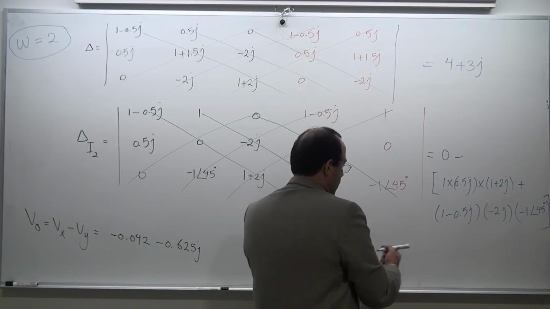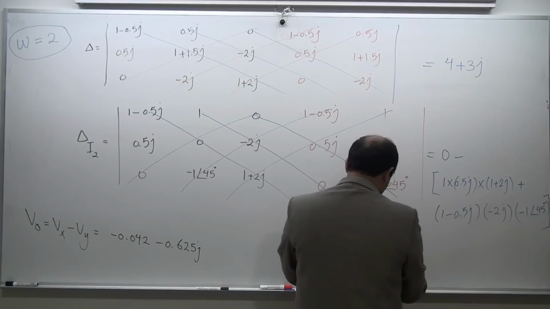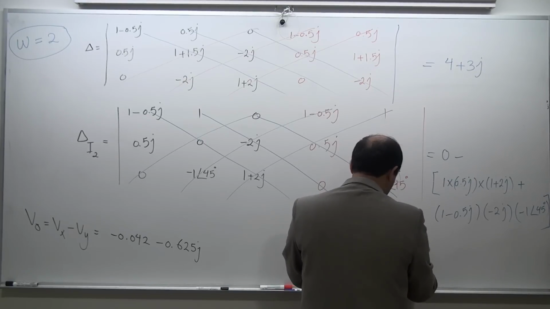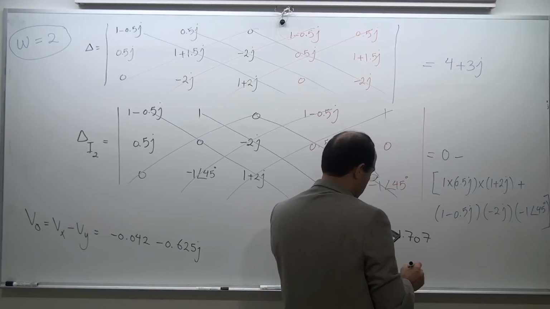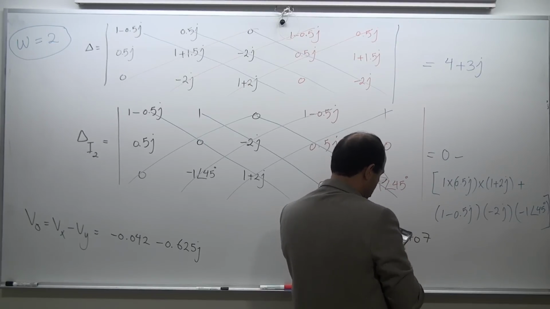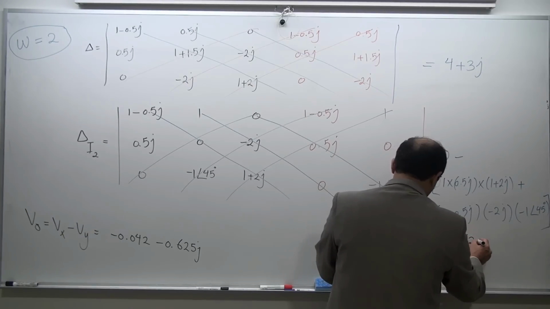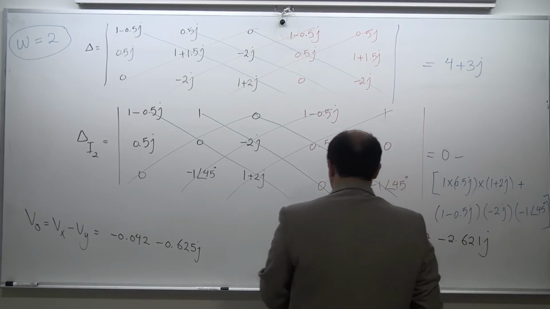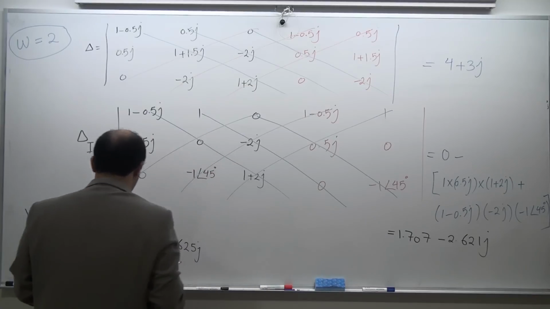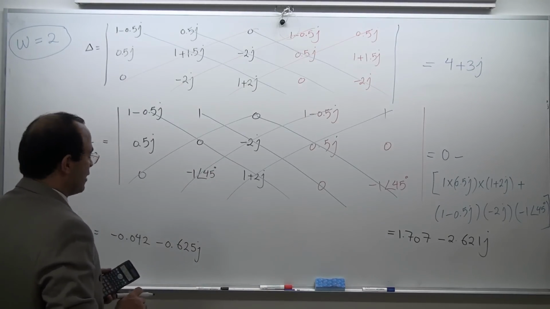Oh, I have a feeling, I tell you what happened. 1.707, that's a familiar number, and then shift equal sign, minus 2.621j. Let me see if I get the numbers and I get back to you on this process. Just a minute ago we did.